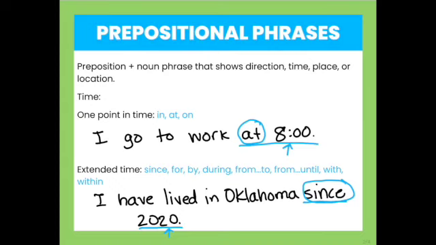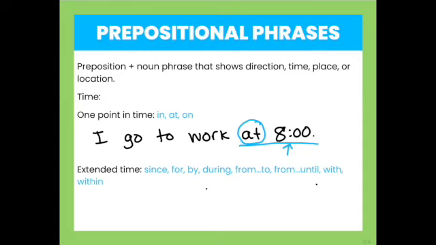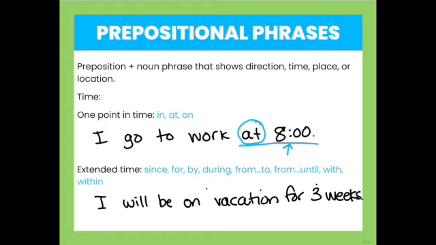Let's take a look at one more example. We might use the preposition for, and we might have the sentence, I will be on vacation for 3 weeks. In this particular case, we are talking about being on vacation and talking about an extended amount of time that's going to happen. So the phrase we're using, for 3 weeks, is that prepositional phrase using the preposition for.